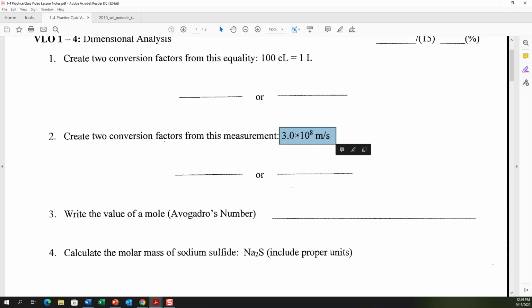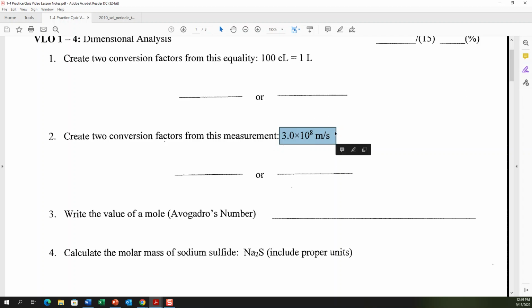So the way to interpret this is make it an equality. What we're saying is 3 times 10 to the 8 meters is equal to 1 second. So it's this many meters over 1 second, or 1 second over this many meters. And so those are our 2 conversion factors.